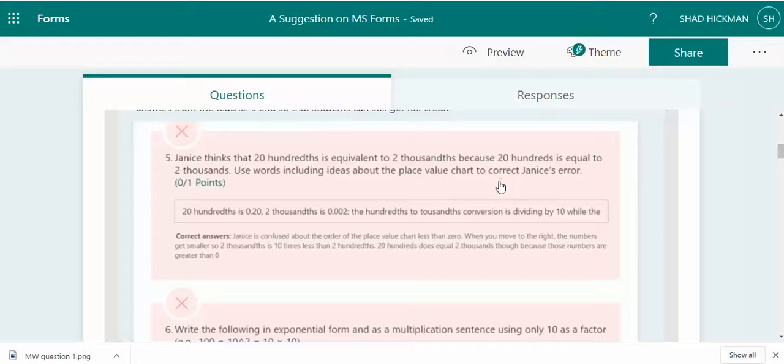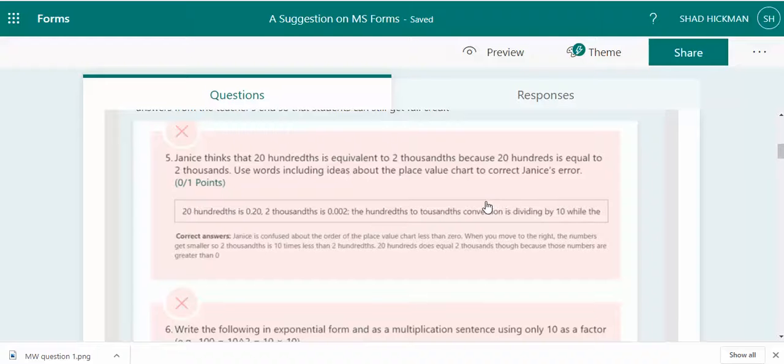Not in Forms, because Forms is never going to be able to grade it, or you make it a form and not a quiz, but then you don't get the nice reporting features, and the kid doesn't know if they got it right or wrong. Now the explanation here, 20 hundredths is that, and 2000s is that. That's valid.